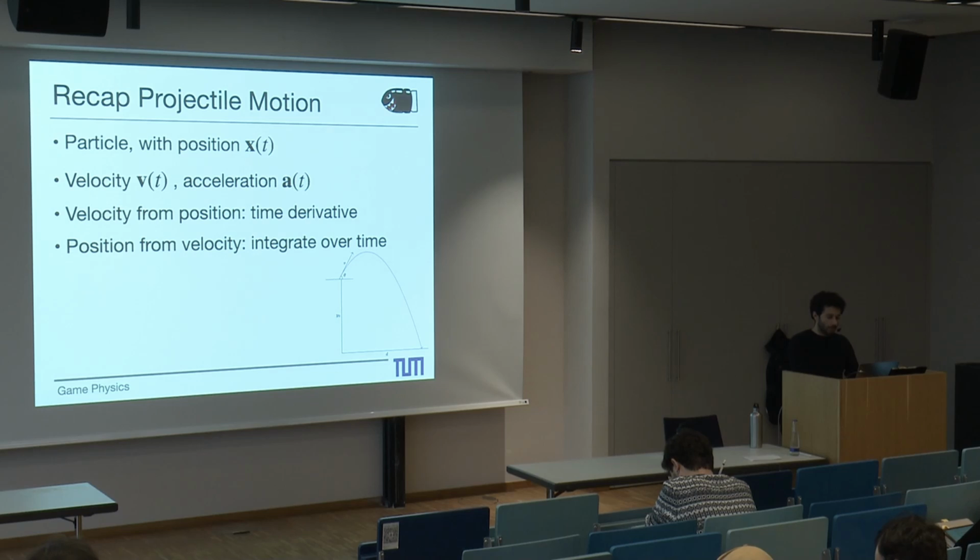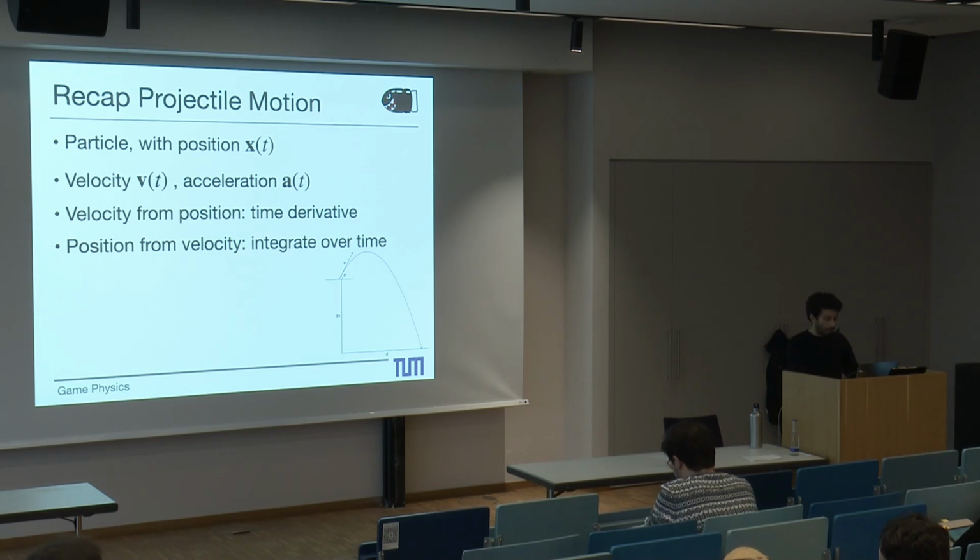And all this is something that we're gonna learn how to do using numerical approaches, because typically this is not possible to do in an analytic way for most of the cases that we are gonna encounter.